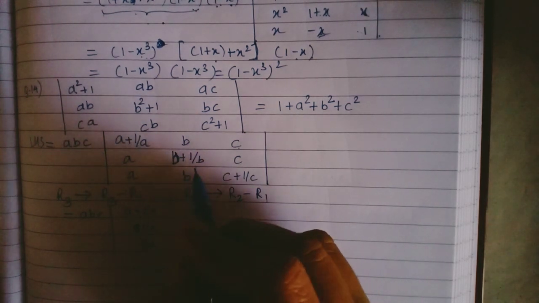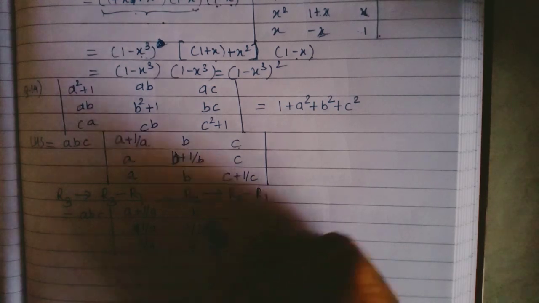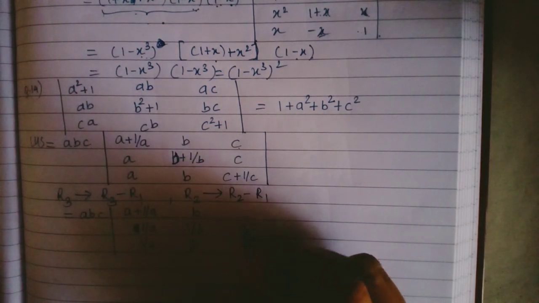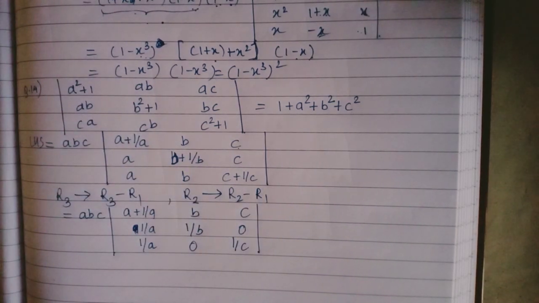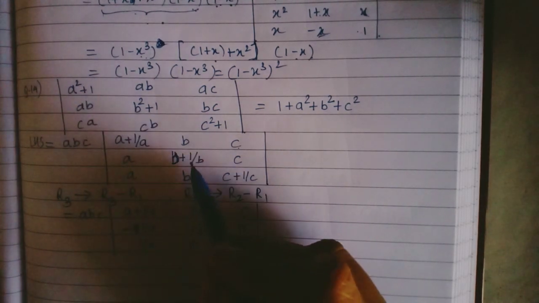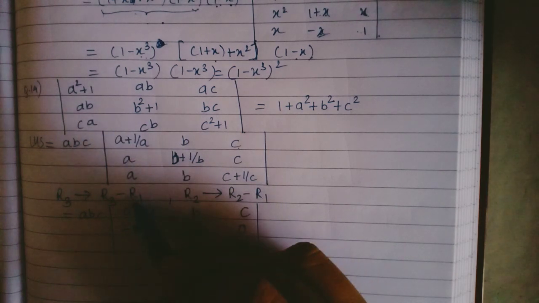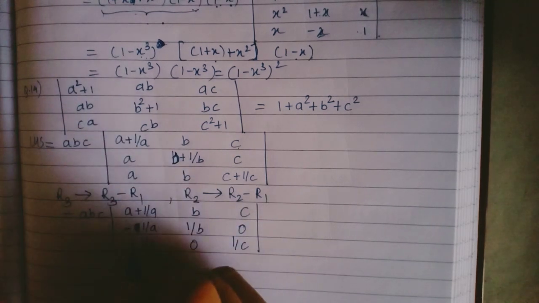Then 1 by b, b minus b 0, c minus c 0, and 1 by c. So it will be minus, this is also minus.